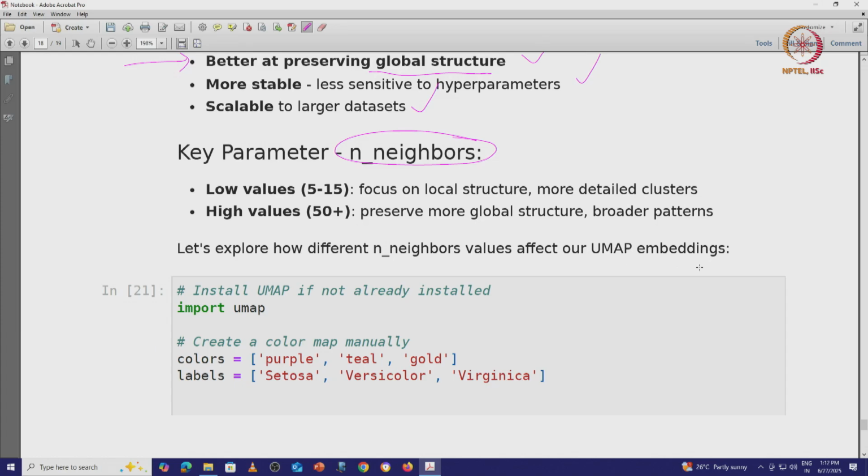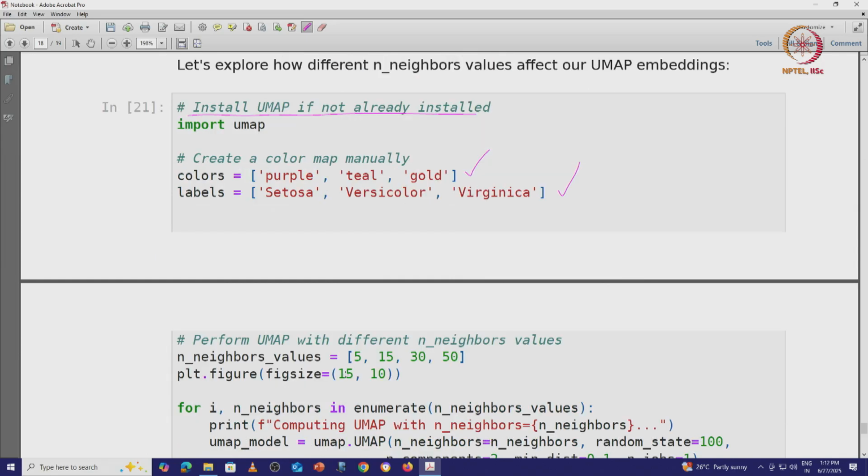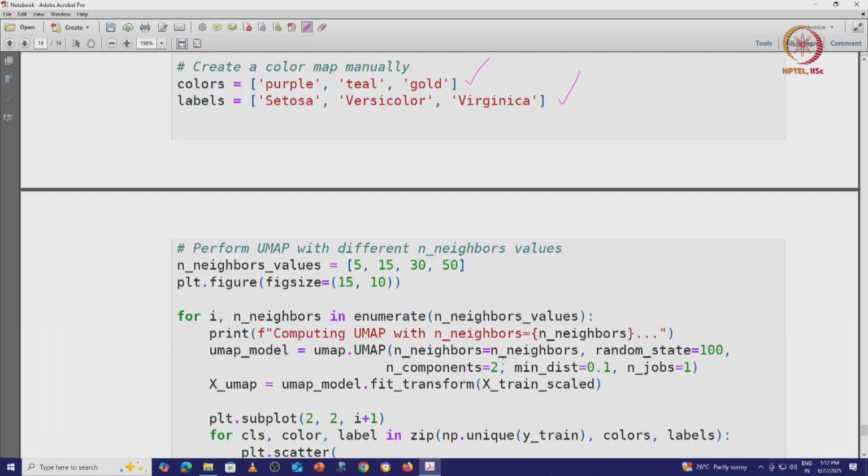You can use pip to install UMAP if it's not already there. It's called umap-learn, and once it's there you can import UMAP. Here we are specifying the color map and the types of flowers, the labels, and we are working with different numbers of neighbors: 5, 15, 30 and 50. For each of these we are applying UMAP with the number of neighbors specified.